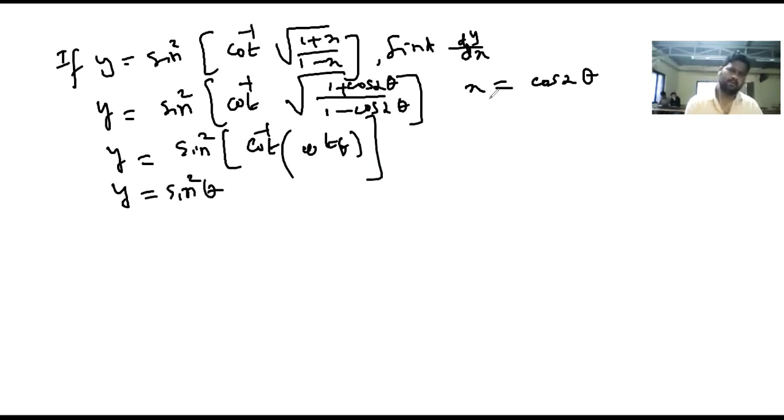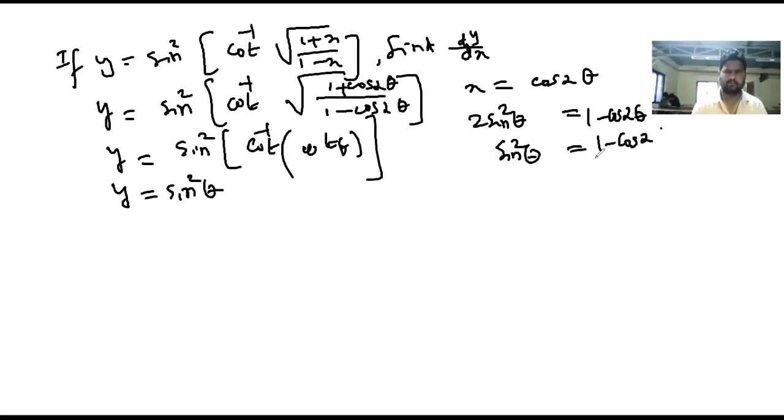Same again, write sin square theta in terms of cos 2 theta. 2 sin square theta is equal to 1 minus cos 2 theta, so sin square theta is equal to 1 minus cos 2 theta divided by 2. So it is equal to 1 minus x by 2.